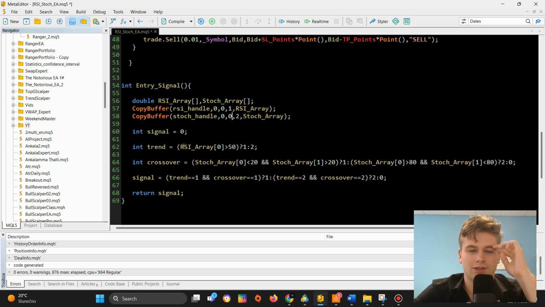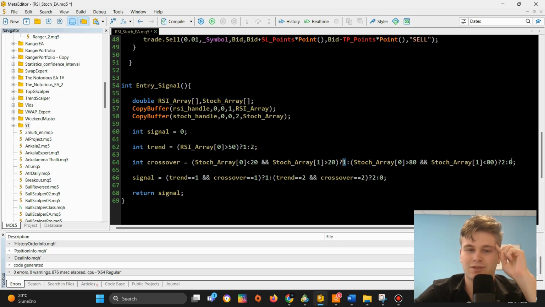So the trend is simple. 1 is uptrend, 2 is downtrend. Stochastic array, this is the previous value, is below 20, and now it's above 20. Then I assign it a value of 1, which indicates that I should open a buy position. And then stochastic array, okay, previous, and now it's okay.